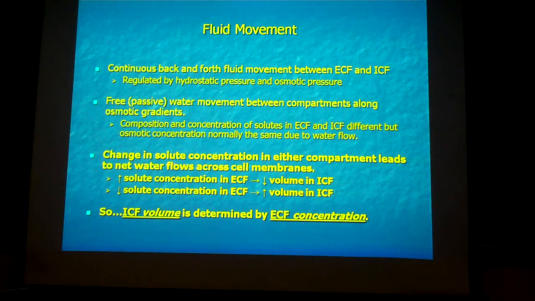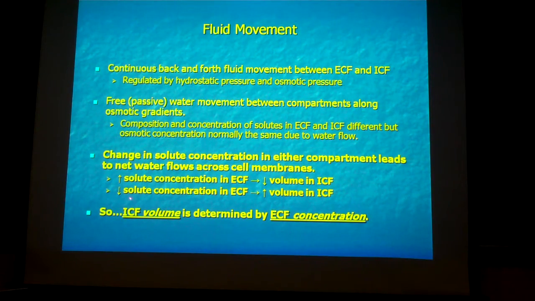Now, a change in solute concentration in either compartment is going to lead to net water flow across the cell membrane. So, for example, if we increase the solute concentration in extracellular fluid, the volume in intracellular fluid is going to diminish because fluid is going to come out of cells into extracellular fluid.